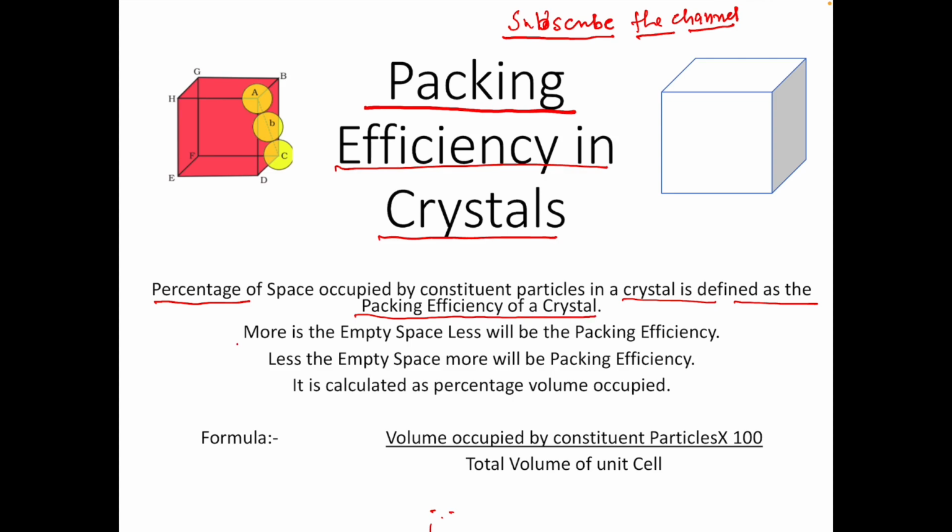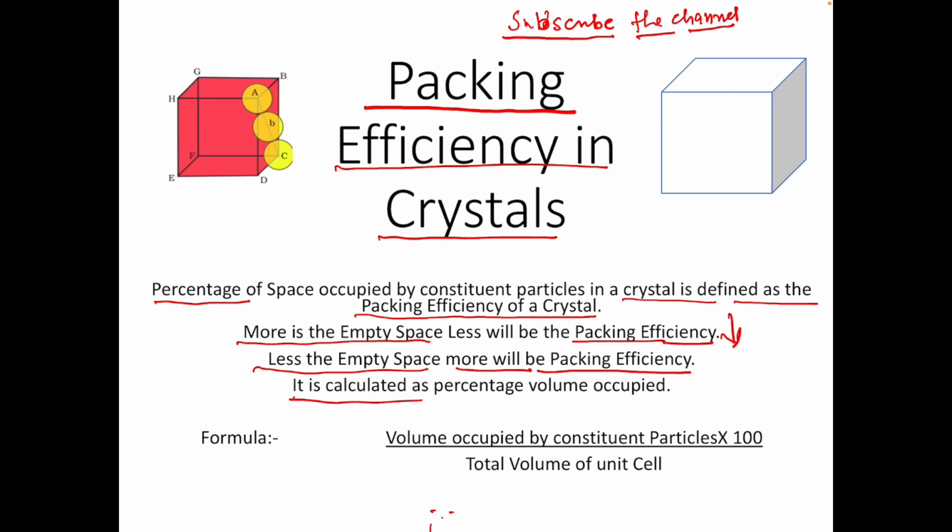If more empty space is there in the crystal, then we say that the packing efficiency is less. And if empty space is less, we say that the space is utilized in a maximum, more effective manner, and we say that packing efficiency is more, it is good.